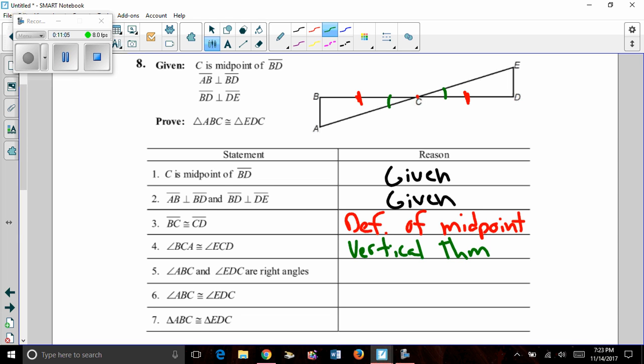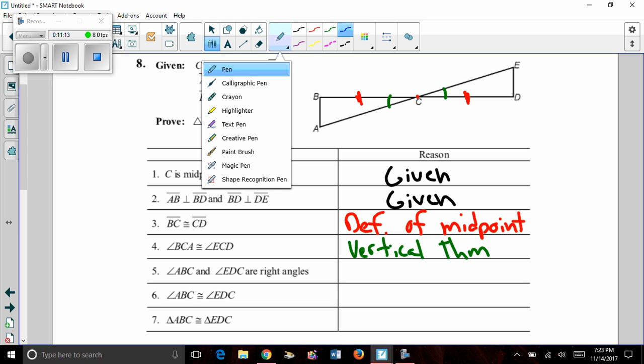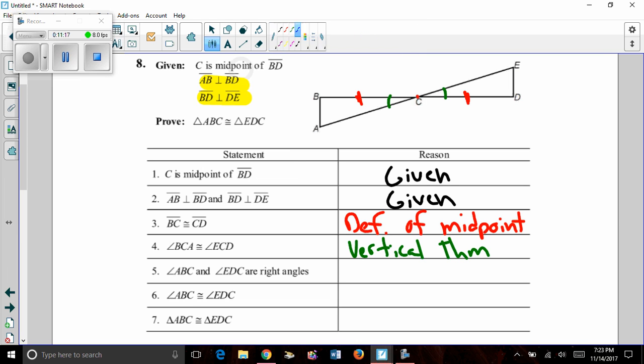Let's keep checking this out. A piece I didn't mark is these perpendicular pieces. Keep in mind that two lines that are perpendicular create a right angle.